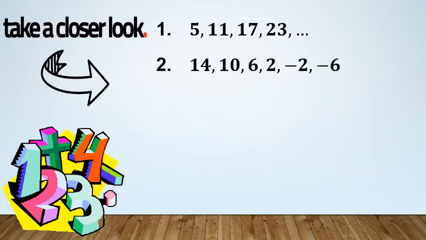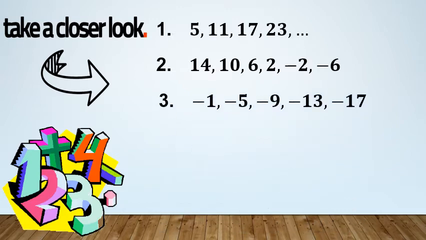How about number 2? We have here 14, 10, 6, 2, negative 2, negative 6. Ano ang na-observe nyo? Nag-subtract tayo ng 4 para makuha ang susunod na term. Or, pwede nating sabihin na nag-add tayo ng negative 4.